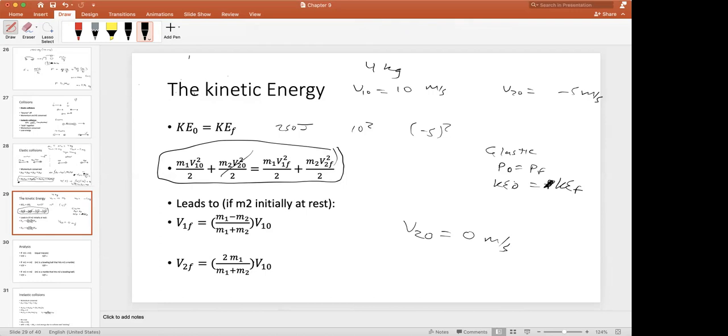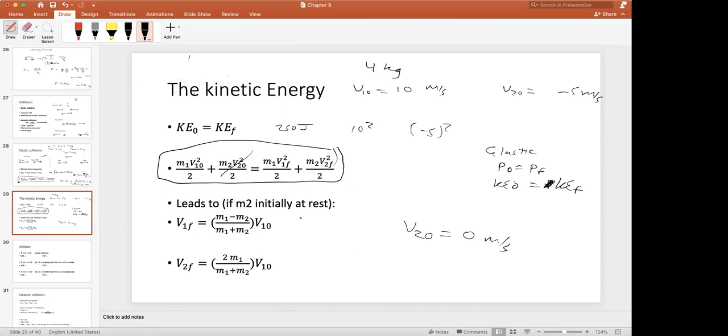It was like 2 weeks ago. We can always come up with a frame of reference where M2 is at rest. So if M2 is at rest in some frame of reference, and we can figure out what V1 initial is, we can solve these equations in the rest frame where M2 is initially at rest. So it is actually useful.